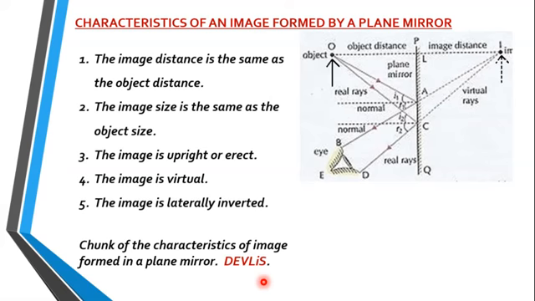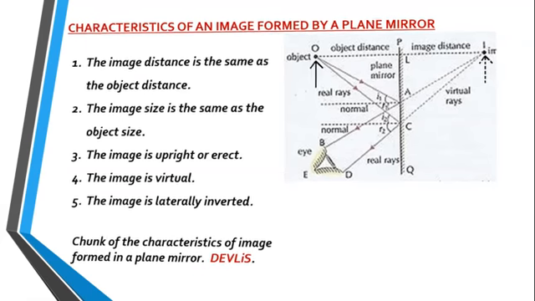My dear learners, we are gradually edging towards the end of the lesson. By way of summary, we touched on what an image is. We looked at the difference between the two types of image, real image and virtual image.